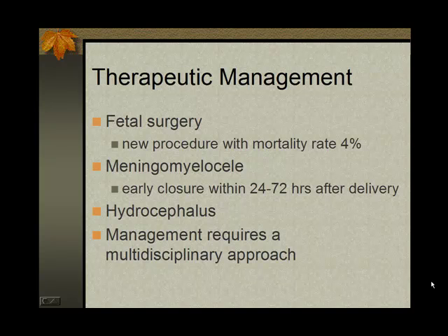So even earlier is starting to happen. Remember, 80 to 90% will have hydrocephalus, so we're going to have to monitor for and treat that. And management does require a multidisciplinary approach, because we're probably talking about bladder, mobility, and hydrocephalus. There's a number of different physicians and subspecialists who are going to be involved.